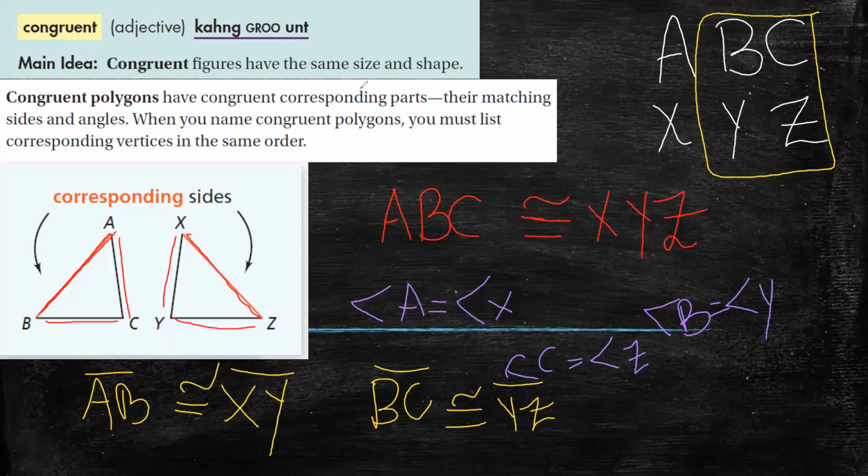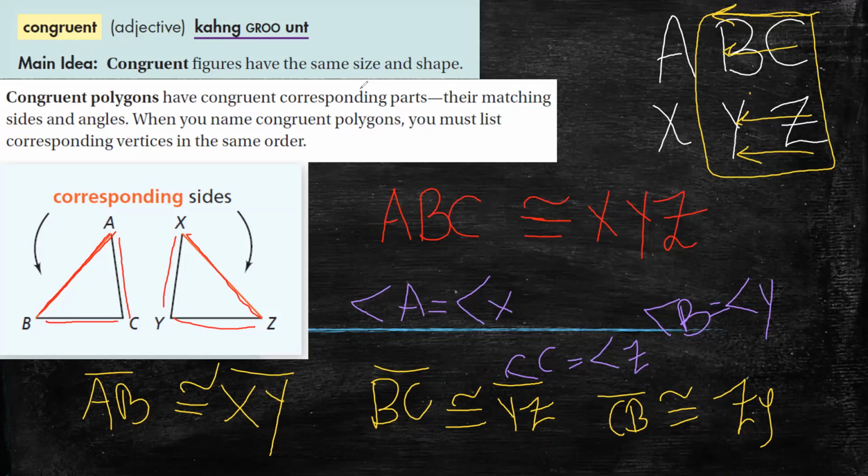But if I ask you what is the line segment that corresponds to C, then B, you will say Z, then Y. So BC corresponds to YZ, but CB corresponds to ZY.